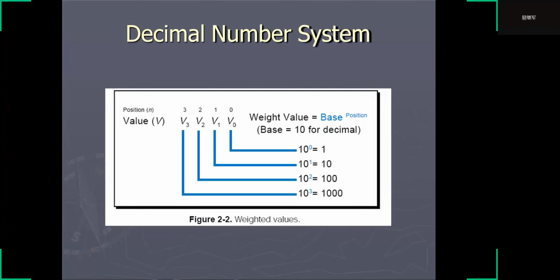This is the decimal number system, whose value is equal to base to the power of position. This position is 0, 1, 2, 3. So this value is 10 to the power of 0.